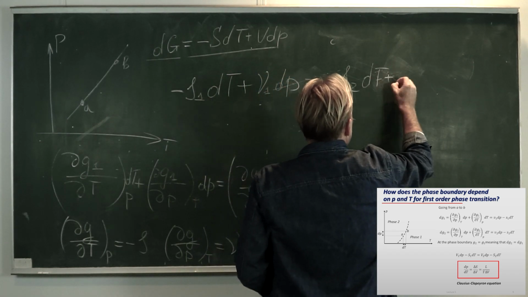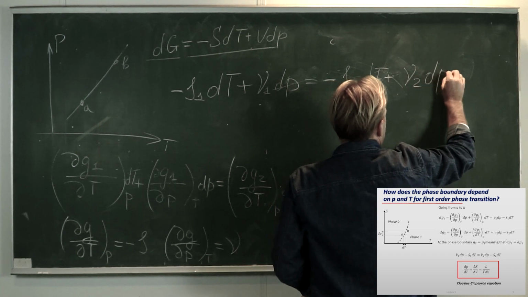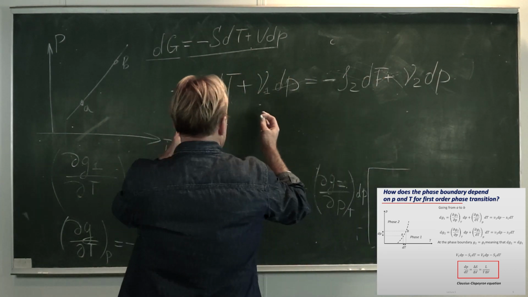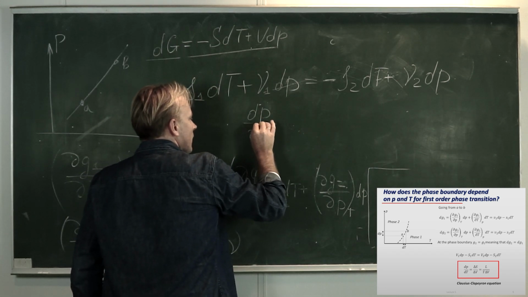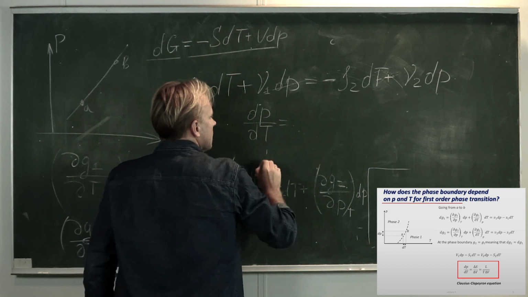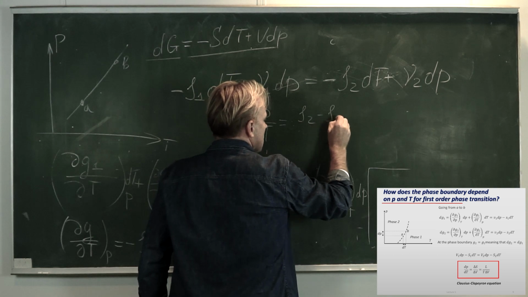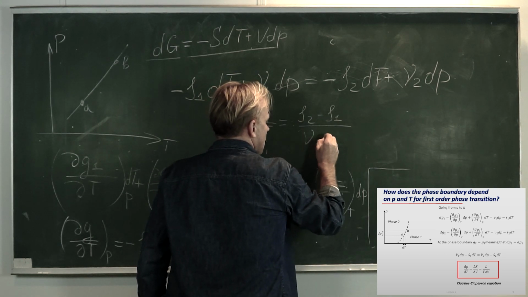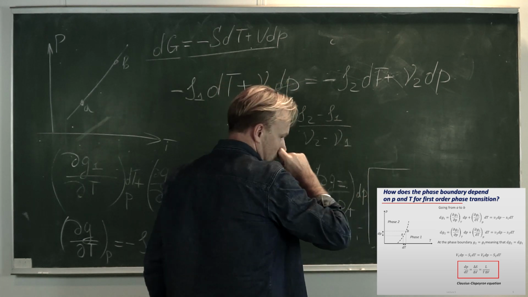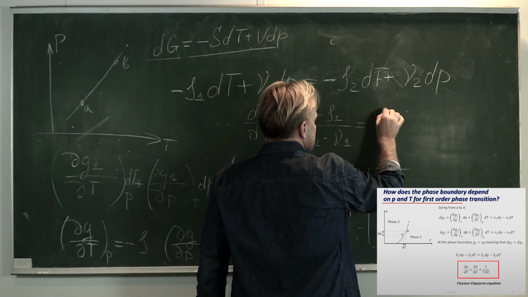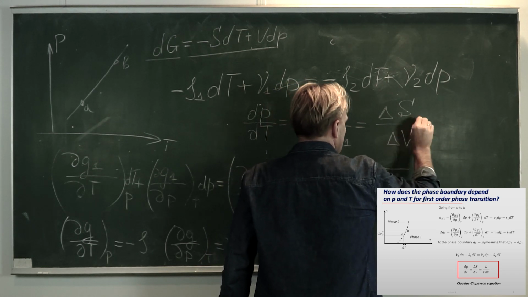The same would be valid also for the second phase. And bringing this expression in a more compact form, we obtain an expression like this. It can also be written as total entropy change and total volume change.